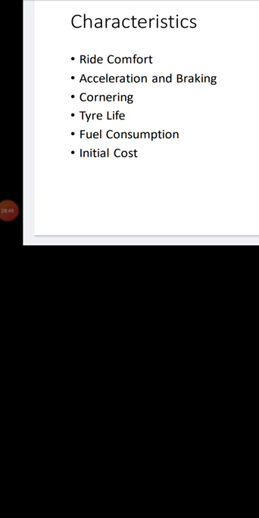And next point, fuel consumption. In case of cross ply or bias ply compared to the radial ply, the amount of energy consumed while running is reduced, saving fuel consumption, and it's near about 5% more fuel efficient.